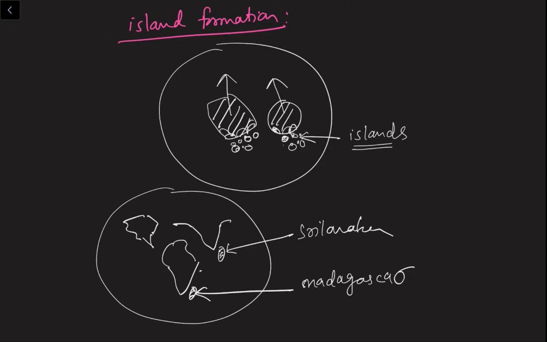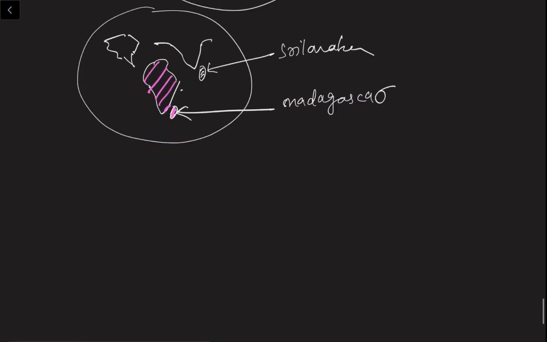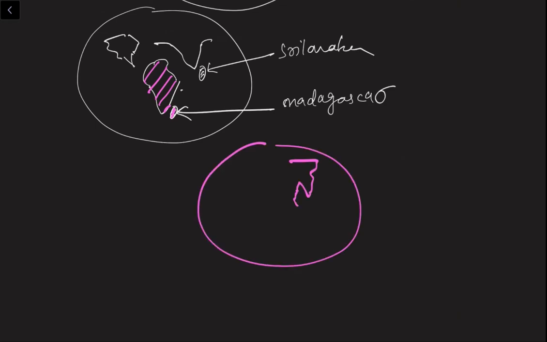But his explanation is not true, because if we study these islands properly, their properties sometimes do not match the original rock of the continent. For example, here are the Japanese islands. This is the Kamchatka Peninsula, this is China, and here we have the Japanese islands.